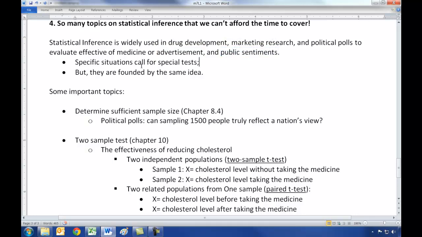So there are many special tests developed for different specific situations. However, they are all founded on the similar idea that we have discussed so far.